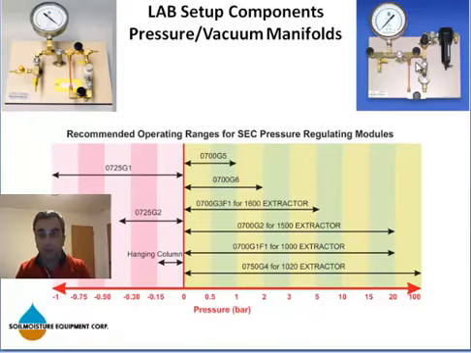Well, that is true, but another even more important role of a manifold is to stabilize the pressure or vacuum. In other words, when you adjust vacuum, for example, on 0.5 bar, the needle should not fluctuate for the duration of your experiment or measurement campaign.